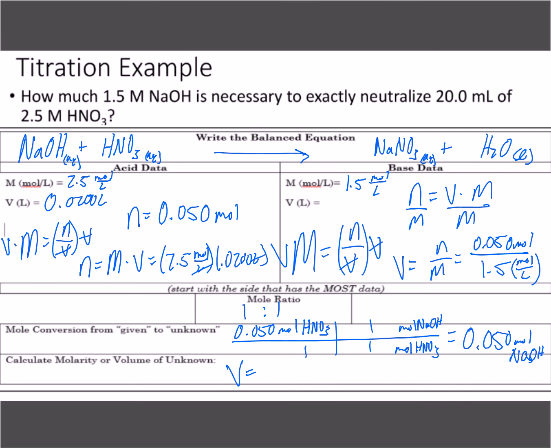When you take 0.05 divided by 1.5, what do we get? 0.0 what? 33, right? Because 2 sig figs is what we said. And what's my unit going to be? Liters. So folks, now you've seen a problem where you can solve for the molarity. We've done 3 or 4 examples like that where we're solving for molarity. But we can also solve for how much, which is volume related. Questions?